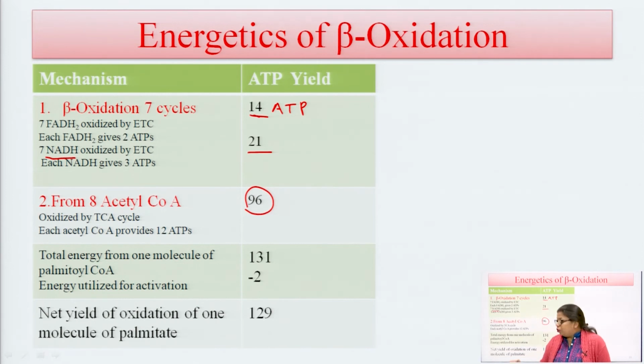So we have to remove these 2 ATP molecules from here. So a total of 129 ATP are synthesized in the beta oxidation of 1 palmitic acid.